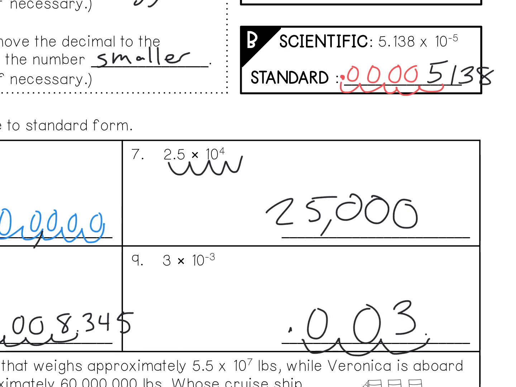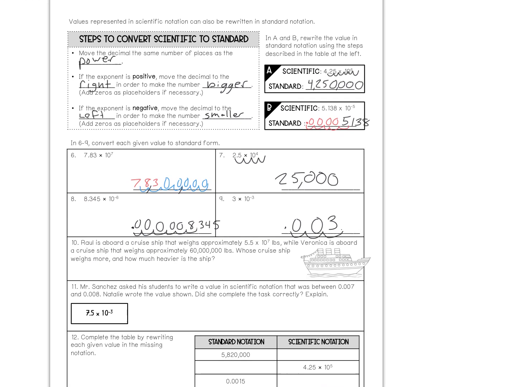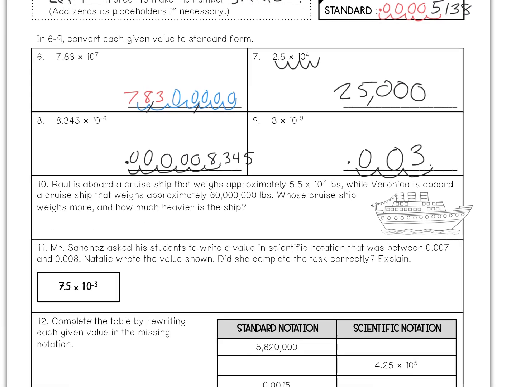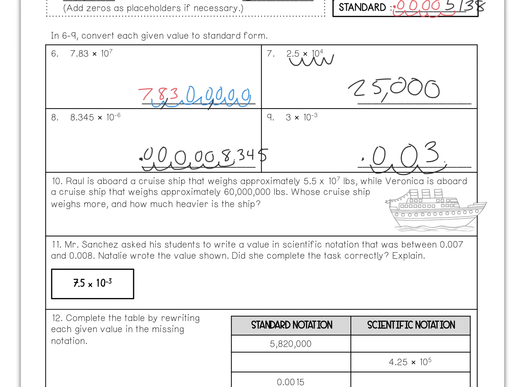Wait, but if you move it 3 times, wouldn't there be 3 zeros? No, because I started on the other side of the 3, right? So you have to remember where you're starting. So there will either be 1 less 0 than the number, or 2 less zeros than the number, or 3, depending on what you have as a decimal. Okay. So that doesn't help a lot. No, it doesn't. Yeah. So we'll do 10 and 12.